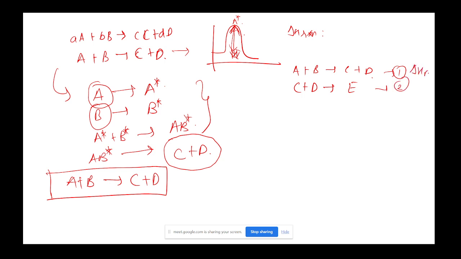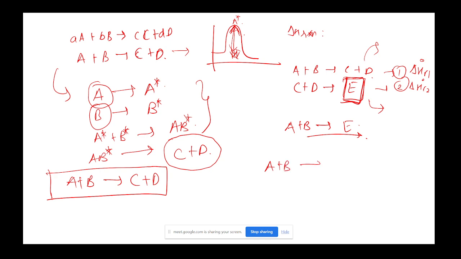They have delta HR1 naught and delta HR2 naught. Since your final product is E and you individually know the heat of reaction for both reactions, to find the heat of reaction for this system you can algebraically add these two reactions.